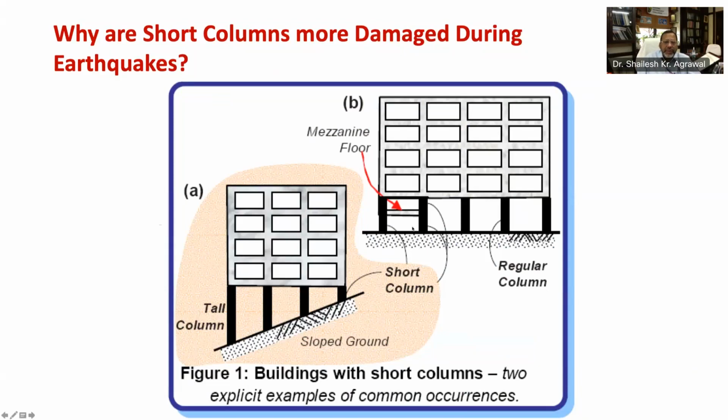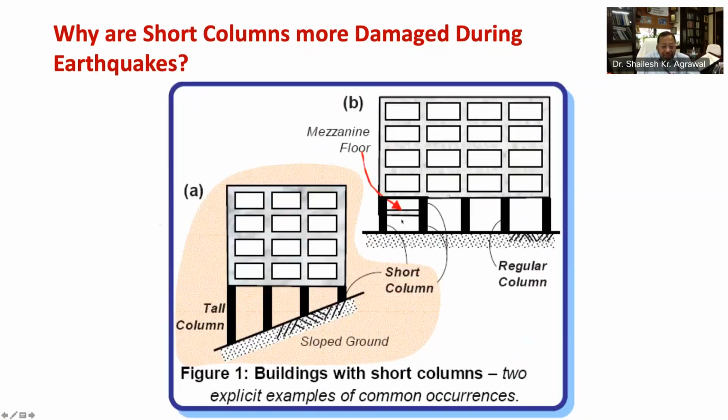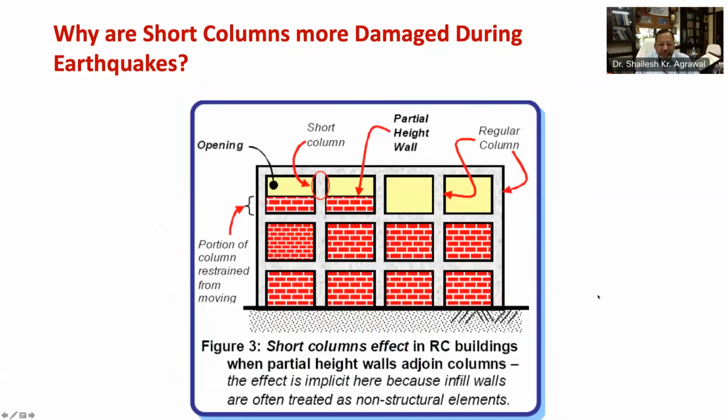Also, you can see in figure 1B, the short column occurs in columns that support mezzanine floor or loft slabs that are added in between two regular floors. In addition to these two situations, there is another special situation in buildings when short column effect occurs.